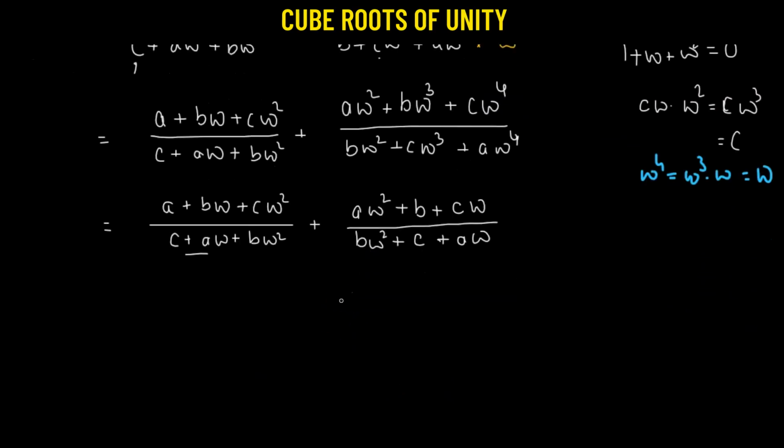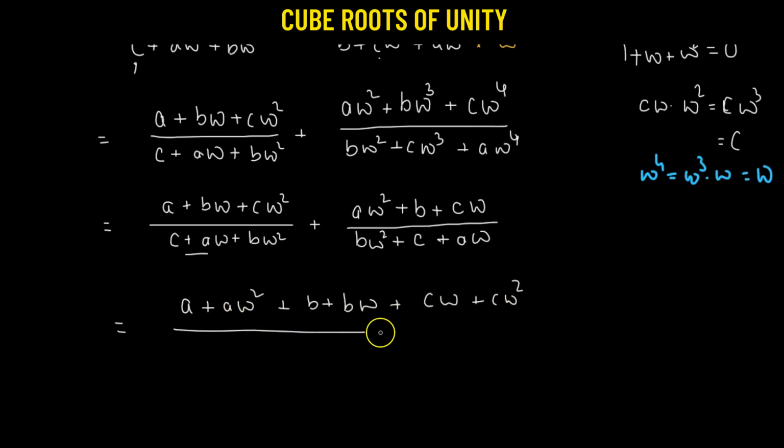Now we'll add up the numerators. So we have a plus a omega squared plus b plus b omega plus c omega plus c omega squared, divided by the common denominator, which is a omega plus b omega squared plus c.